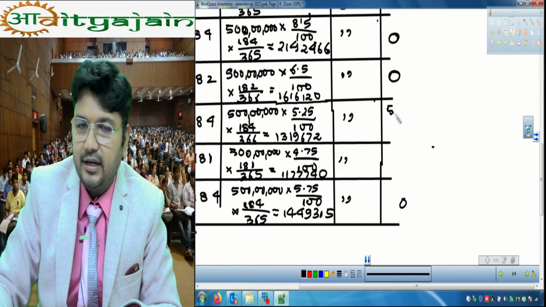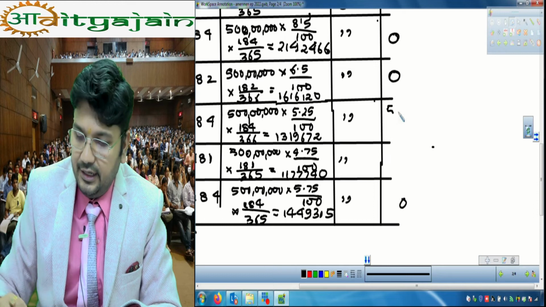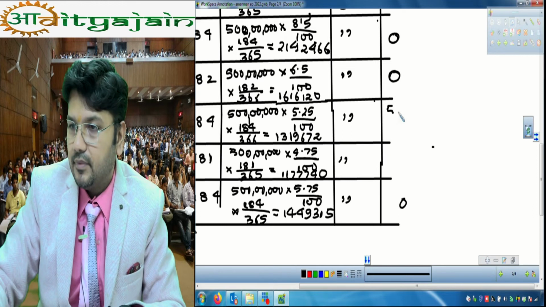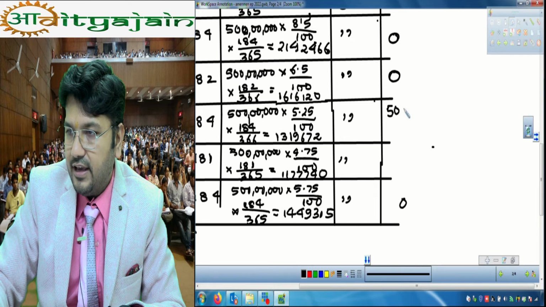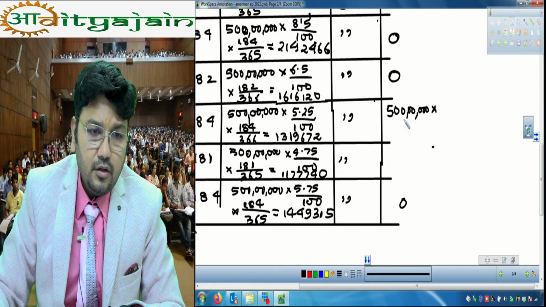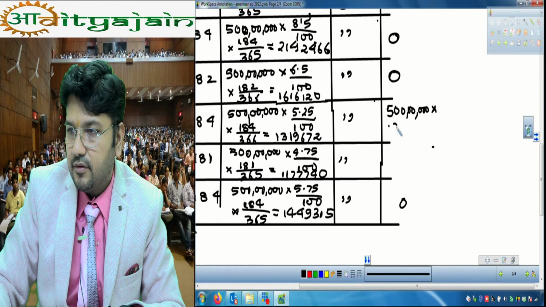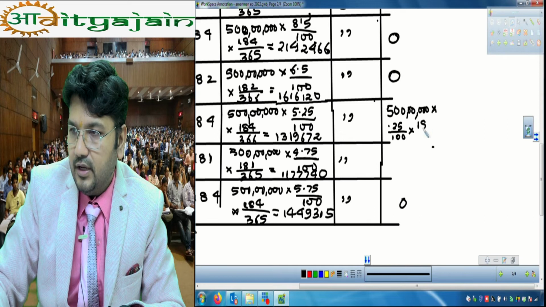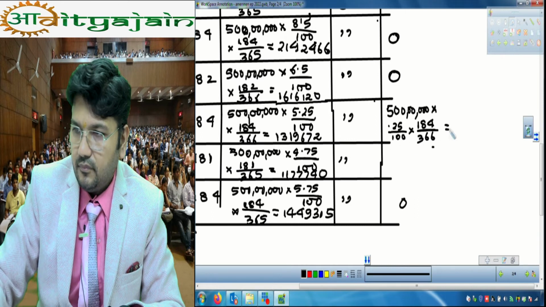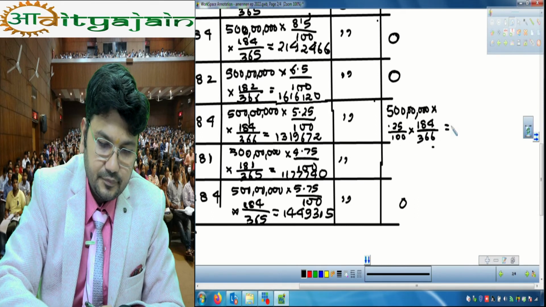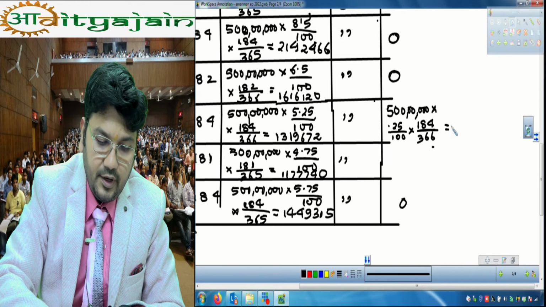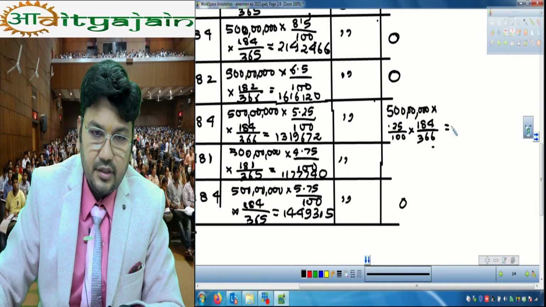I need to pay additionally. If you don't have space, you can write this in a different table. 500 into, so the shortfall is 0.25, 0.25 upon 100 into 184 upon 366. 0.25%, 184, 366.